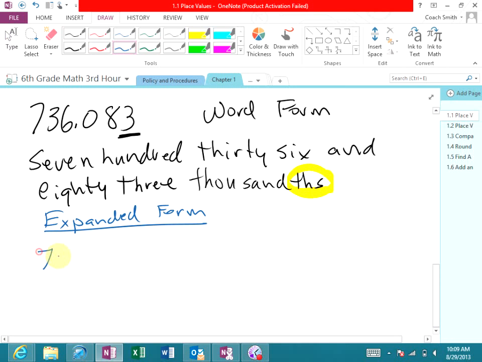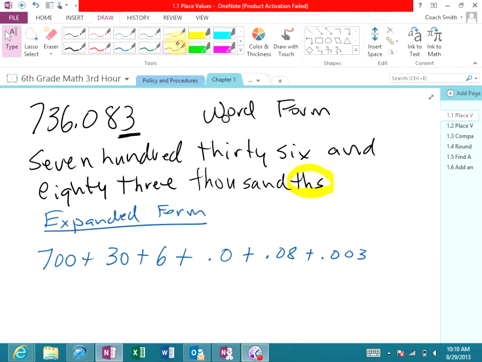We're going to take 700 plus 30 plus 6 plus 0.0 plus 0.08 plus 0.003. That's how you write that number in expanded form.